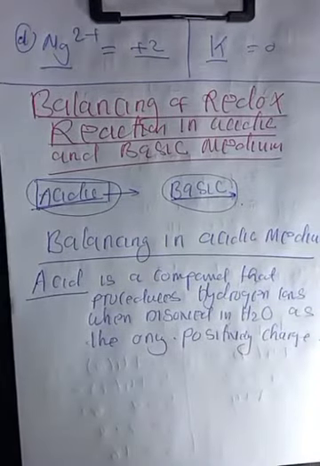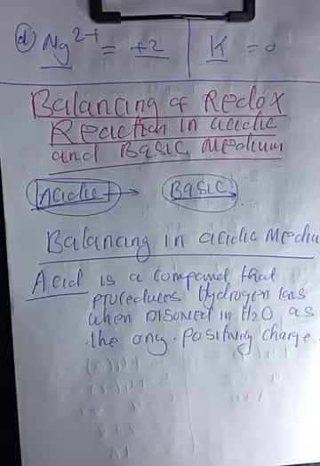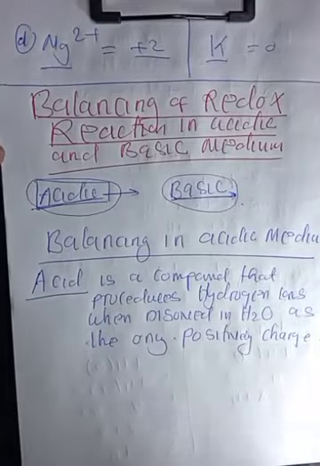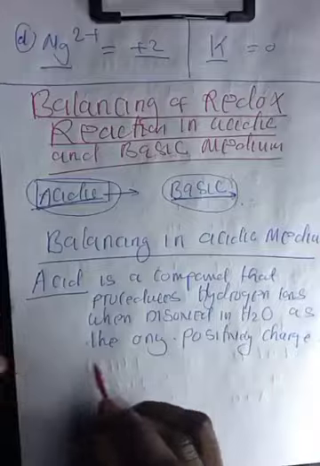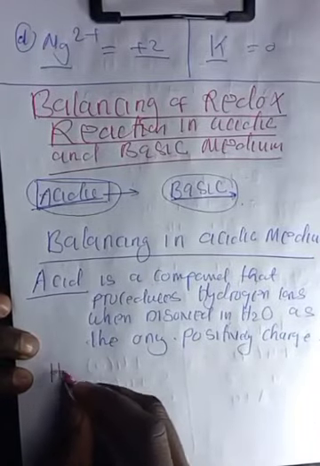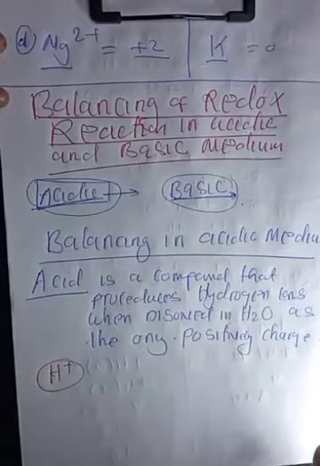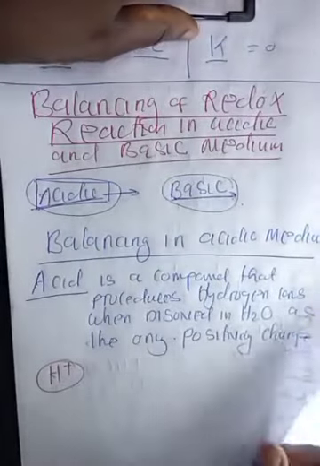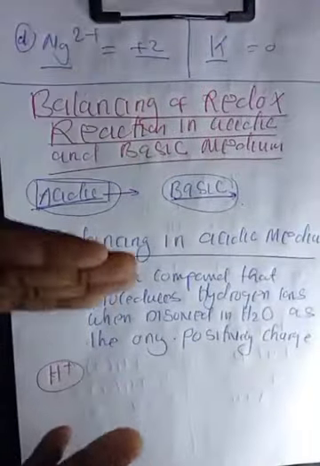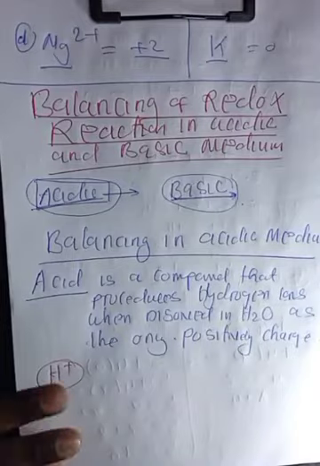So we know that an acid is a compound that, when dissolved in water, produces hydrogen ion as the only positively charged ion. Okay, so when balancing in acidic medium, the moment hydrogen ion appears in your reaction, it means that you have balanced. But anyway, let's just see the steps that we should follow.